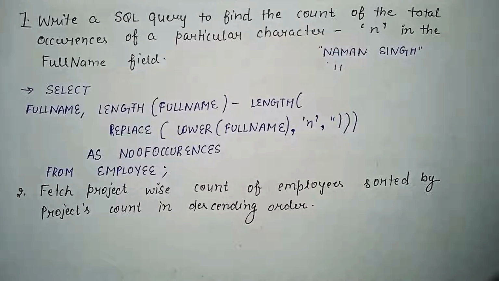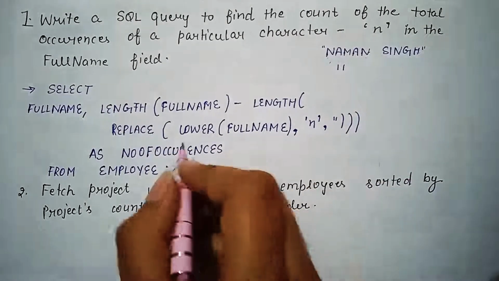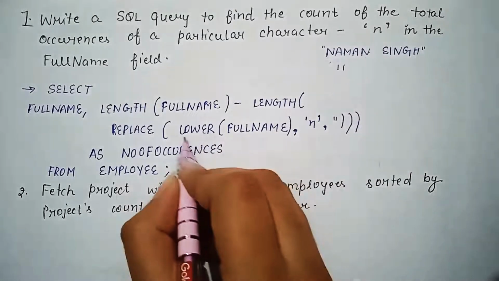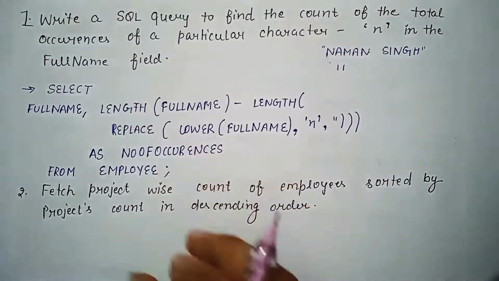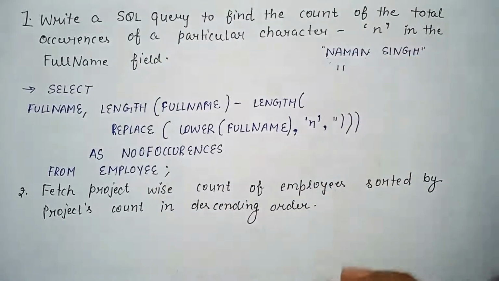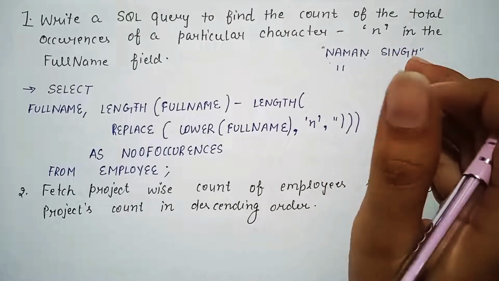After this, see this one part first. Here we have first converted this full name into lowercase. What is the reason behind it? Because the searching value is in lowercase, and a name can consist of n as lowercase as well as uppercase.